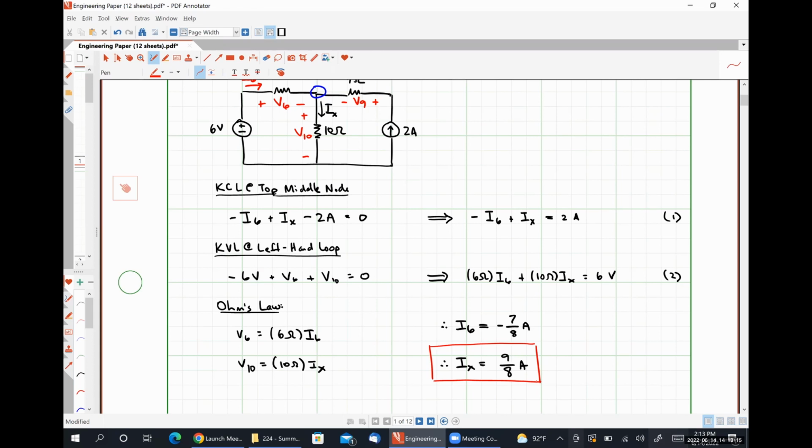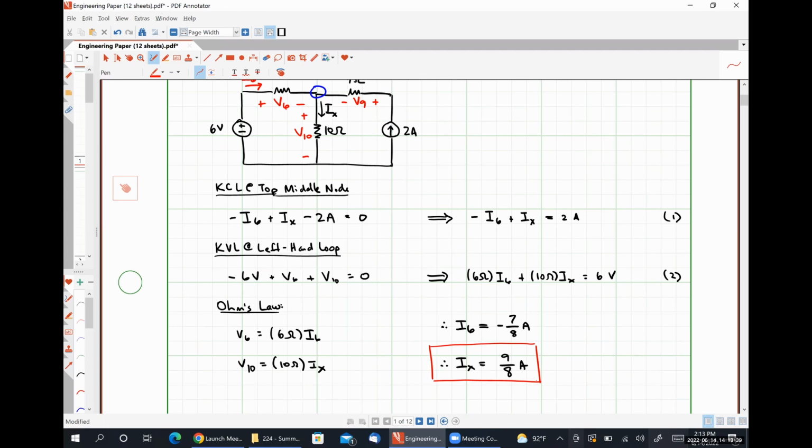Now, the analysis that I did here wasn't particularly difficult, or at least I didn't feel so. But it was rather tedious because we had to develop multiple relationships and literally use practically every circuit analysis technique that we've learned up to this point in order to analyze the circuit.